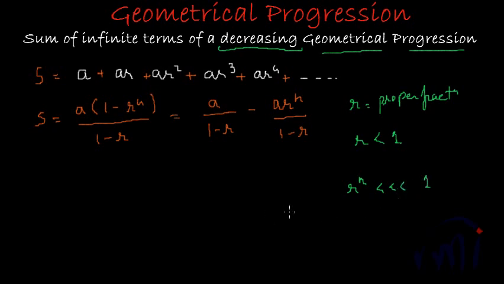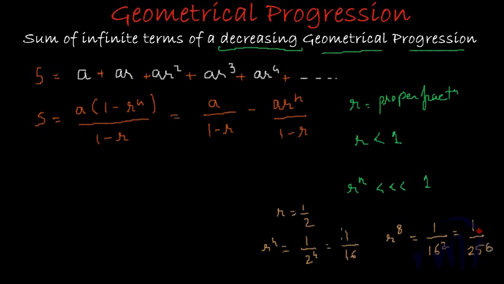Suppose we consider the value of r as 1 by 2, as we have taken in the previous example. r to the power 4 is what? It will be equal to 1 by 2 to the power 4, which is nothing but 1 by 16, right? But what will be the value of r to the power 8? This will be equal to 1 by 16 square, and this will be equal to 1 by 256.